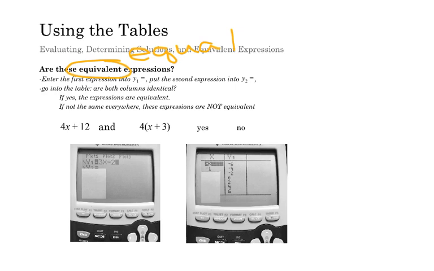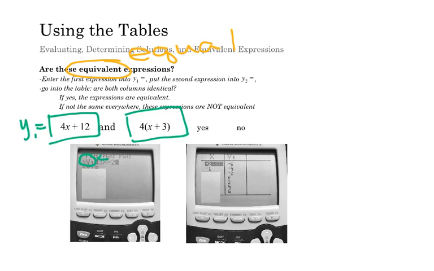In this case, our first expression is 4x plus 12. Second one is 4 times the quantity of x plus 3. The first expression goes into y1. Right, that is your top y.